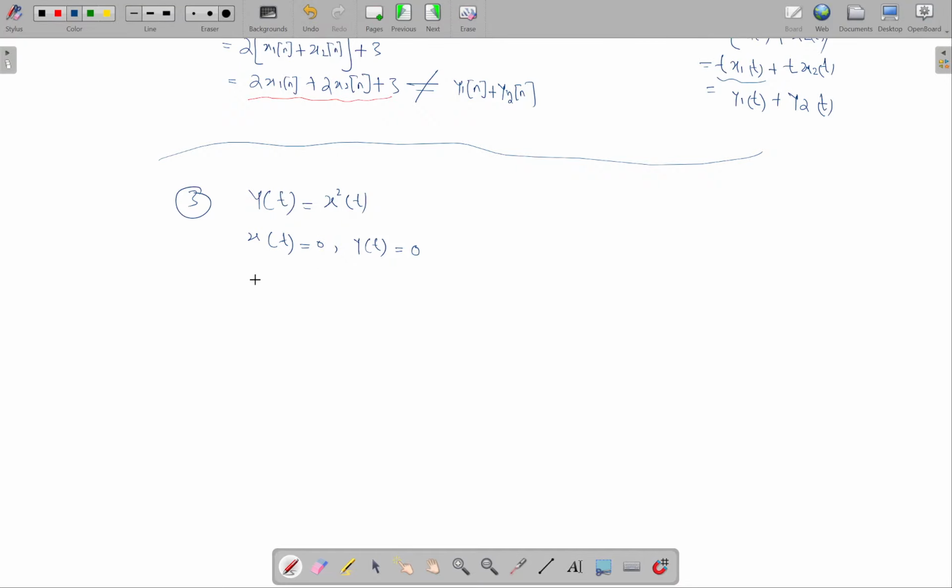So let's check. For x1(t), just like before, we have y1(t) equal to x1 squared(t). Then for a second input, x2(t), my output is y2(t) equal to x2 squared(t). Remember, this is the original system equation.